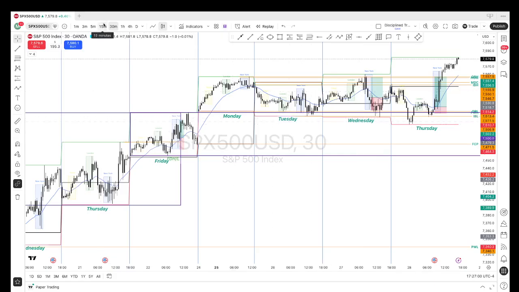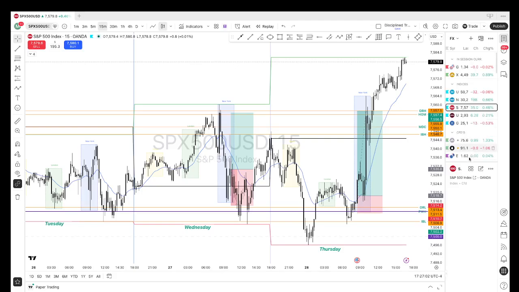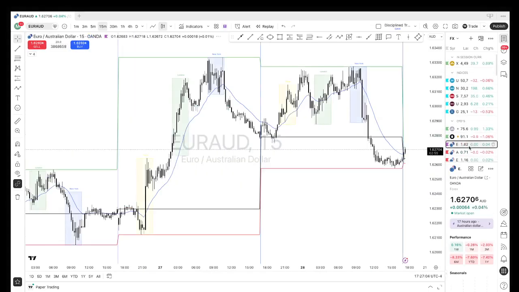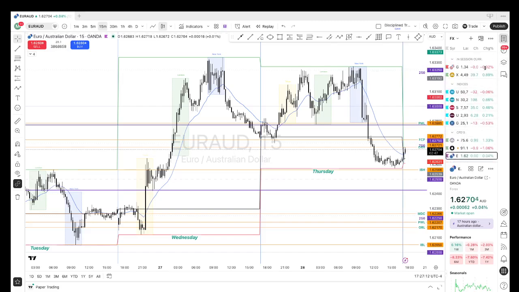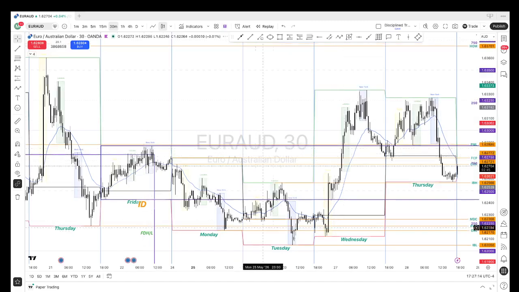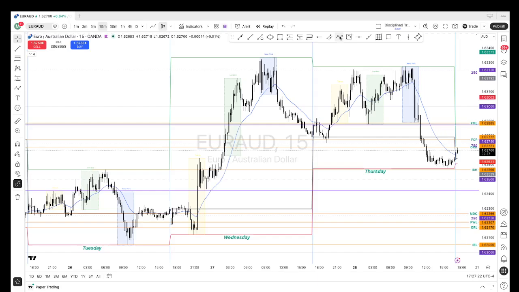Once again, the emotion. Euro AUD. I do not trade these currencies, by the way. I stopped until further notice. But anyways, Euro AUD. I only trade Euro AUD because Euro AUD is known for this type of trading: breakout, pullback, continuation.